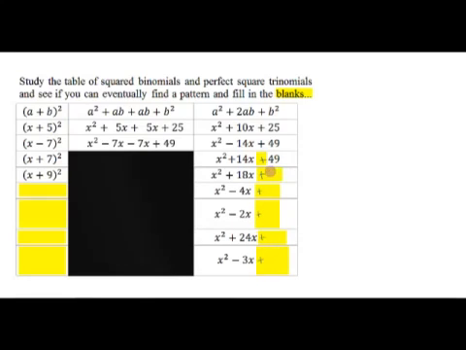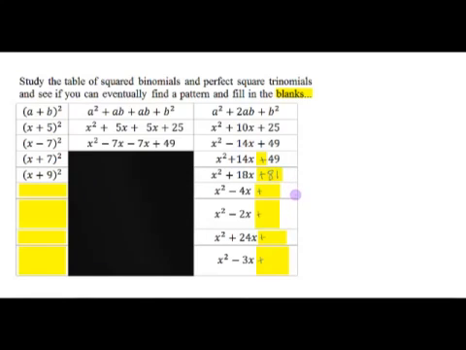And where is that last number coming from? That last number comes from squaring the second term of the binomial. So I know here that I am going to square 9 and get an 81.